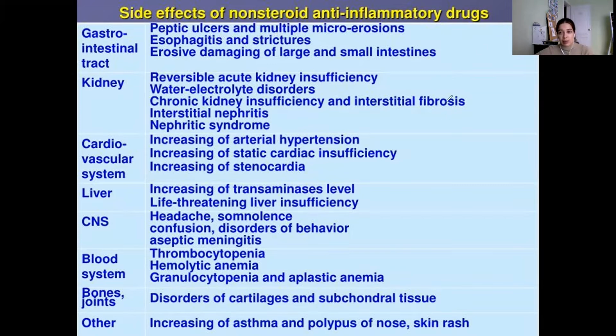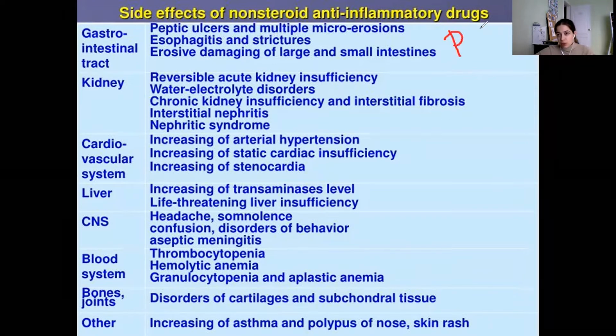And why does this happen? Because some prostaglandins, especially prostaglandin I and prostaglandin E, are responsible for the protection of the stomach. They stimulate the special prostaglandin receptors in the stomach, and these receptors are responsible for stimulation of the secretion of protective mucus.